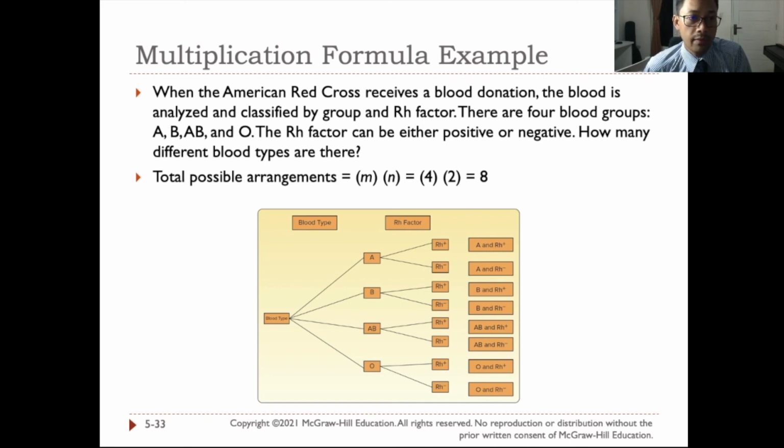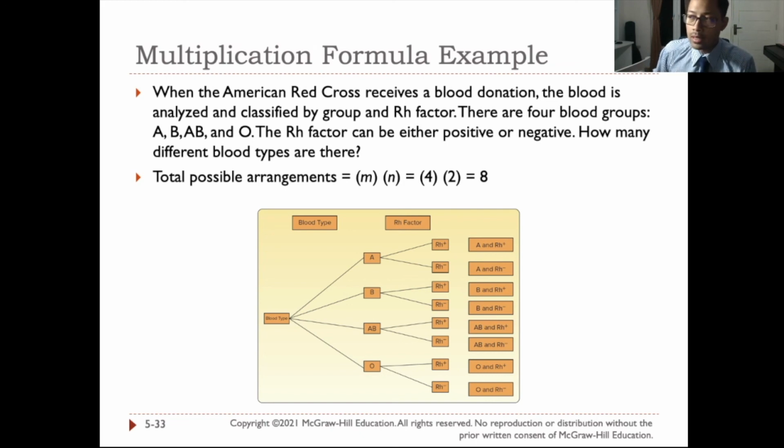So you're going to have A positive, A negative, B positive, B negative, AB positive, AB negative, and O positive, O negative. So there are 4 times 2, which is 8 blood types in total.